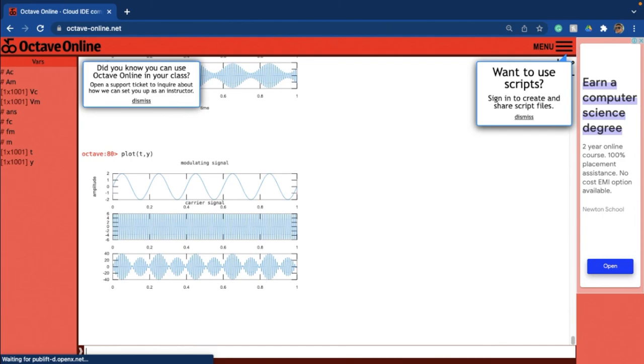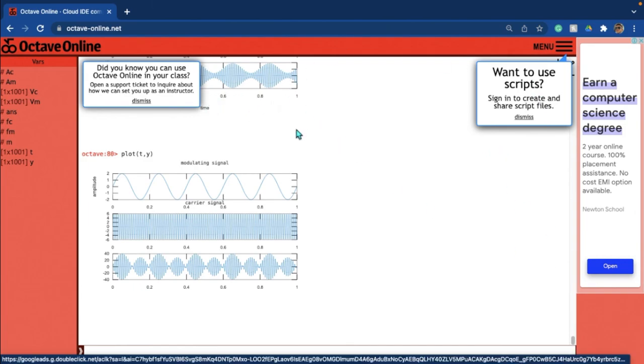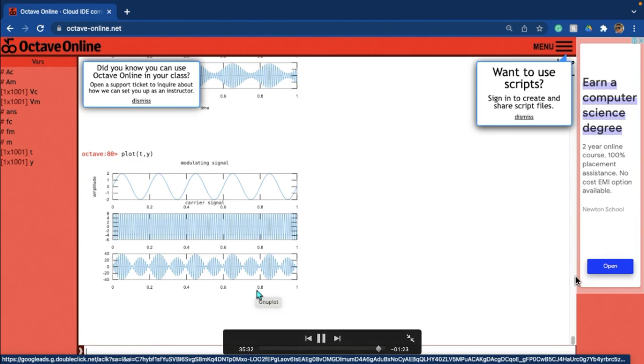So at M equal to 1, it just looks as if it is the case of case 2. That's why I tried a different modulating frequency. This is the picture that we tend to get when M is greater than 1, and for M equal to 1, it's more or less the same as case 2. So try for different modulating frequency, at f equal to 8 or 9 hertz, higher.